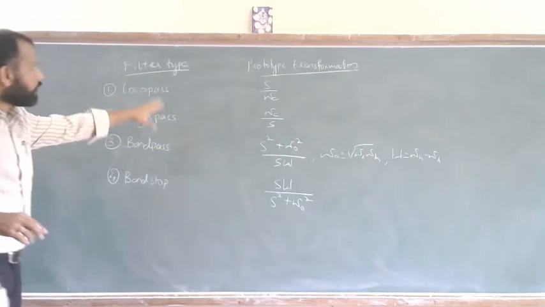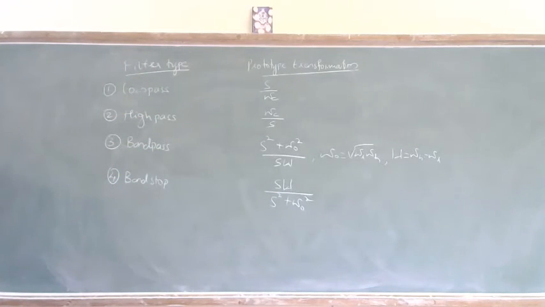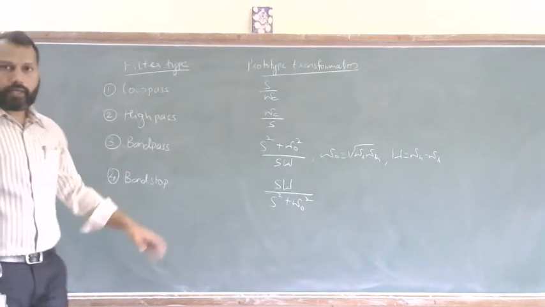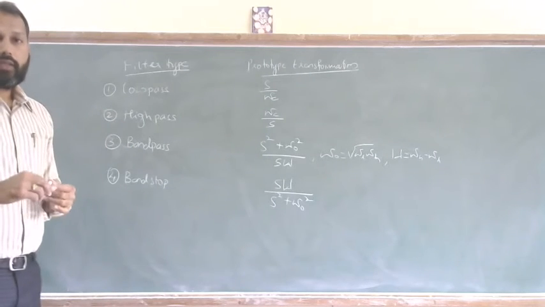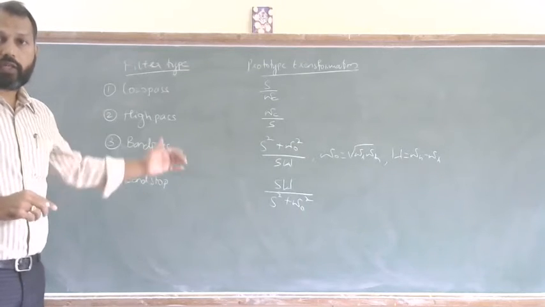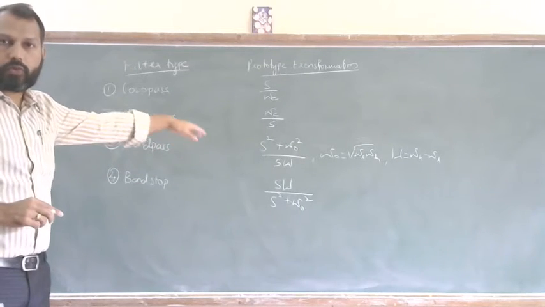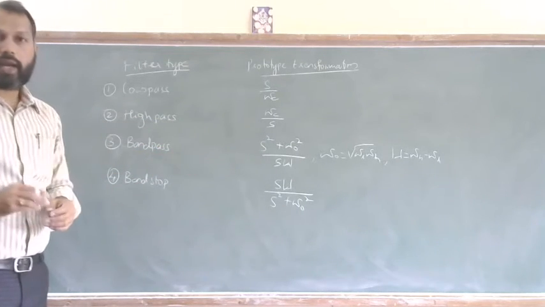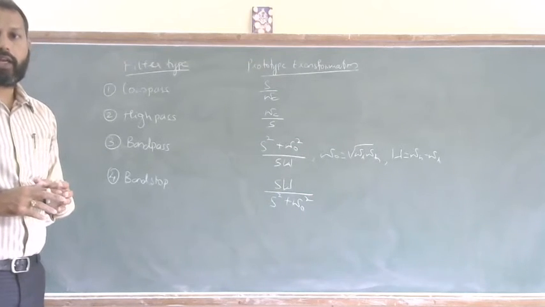So this is the low pass prototype transformation table. Write this separately, because to design a digital infinite impulse response filter we will require it. This table comes in handy while designing an infinite impulse response filter.